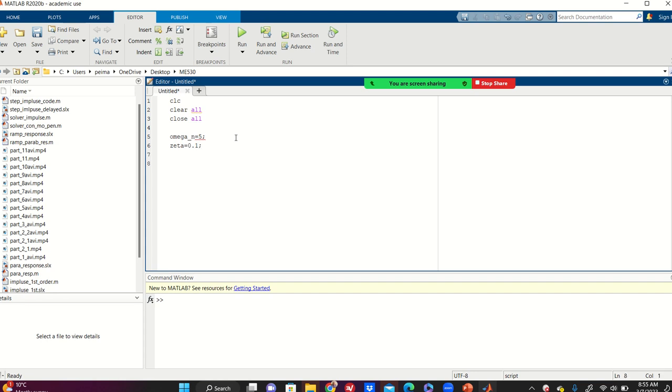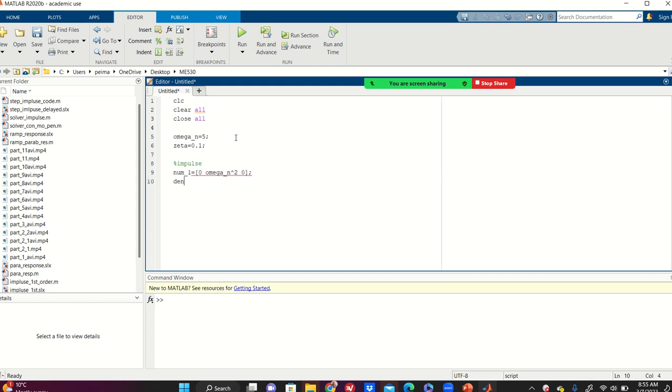Okay, and num1 for the impulse. I'm writing here for the impulse. Impulse is 0, omega n square, and 0.